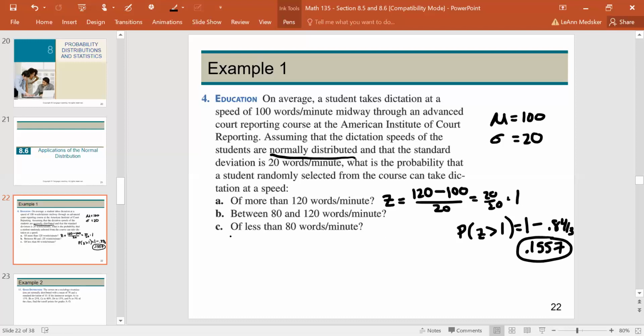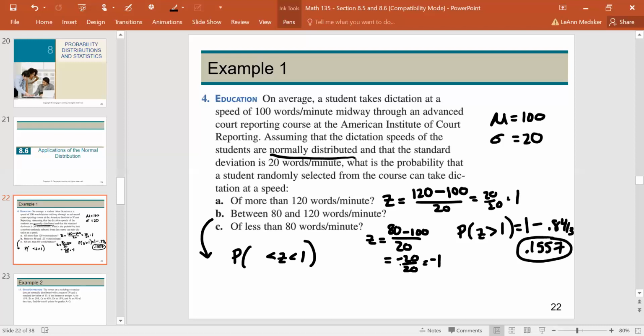All right, between means we're going to be going between two z-scores. Now we already know the z-score for 120 is 1. So we know the probability that our z-score is between 1 on the right side. We need to convert 80. So 80 minus 100 divided by 20, that's negative 20 over 20, which is negative 1.